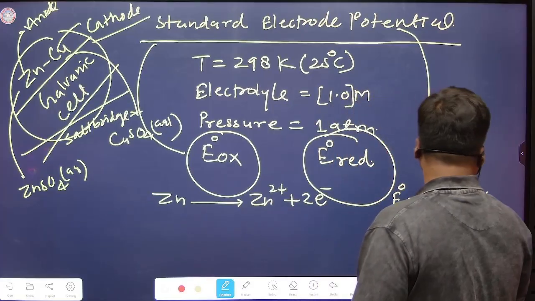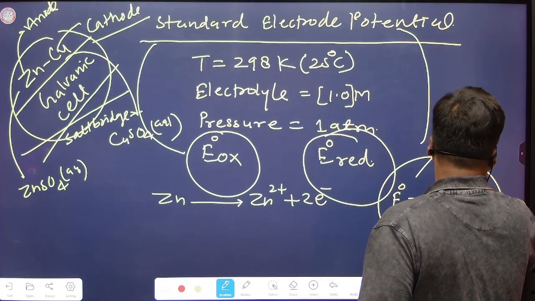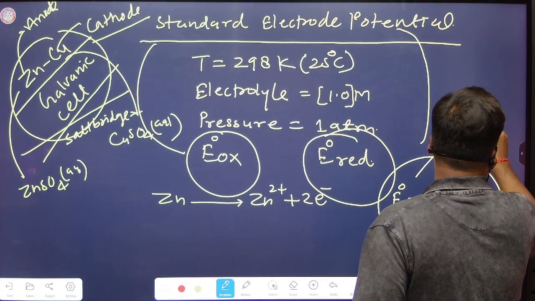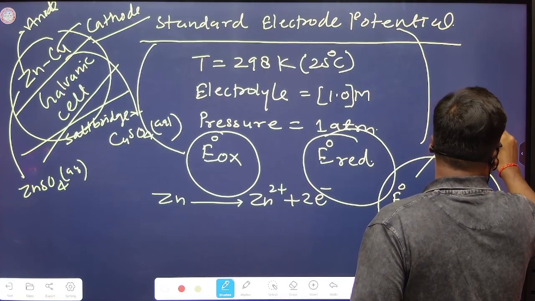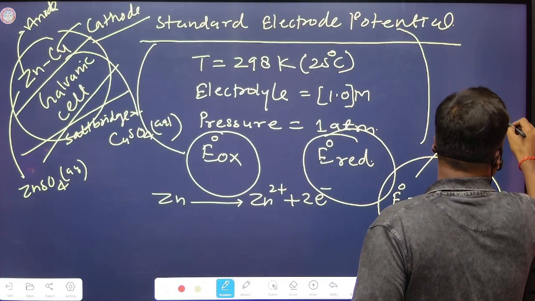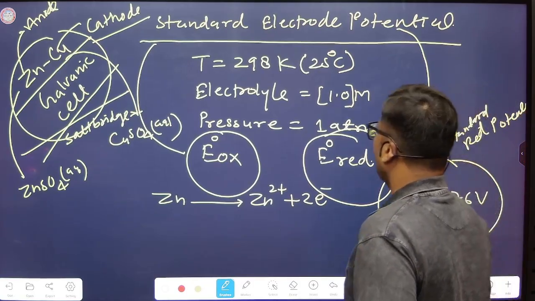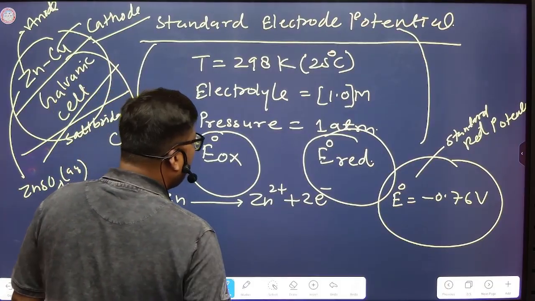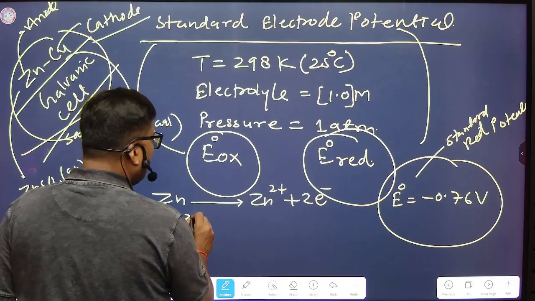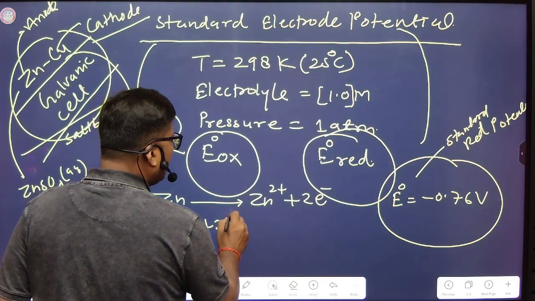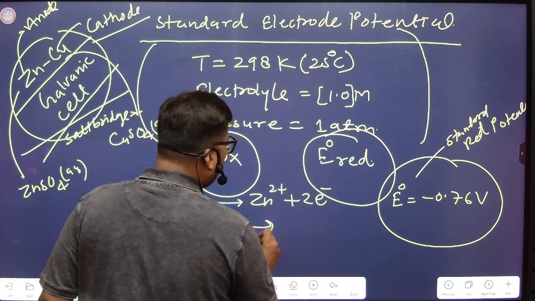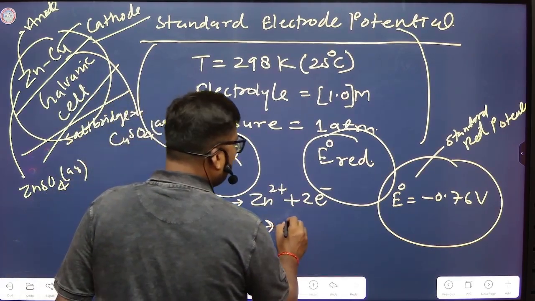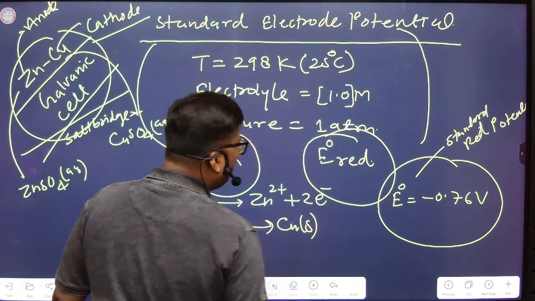This is the standard reduction potential. And when copper is reduced at the cathode by receiving electrons, it becomes solid copper.